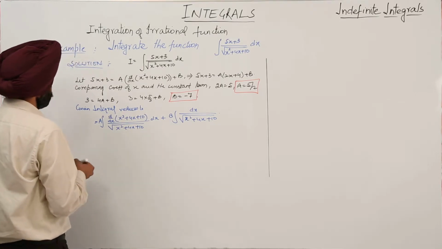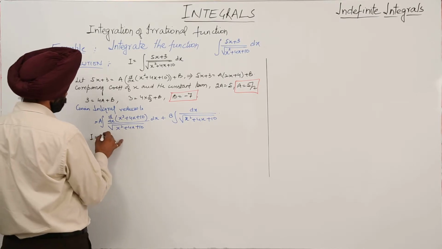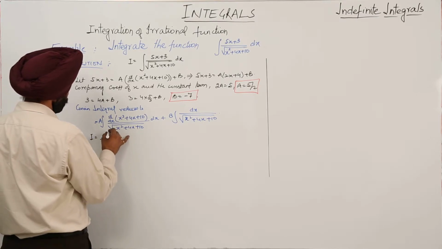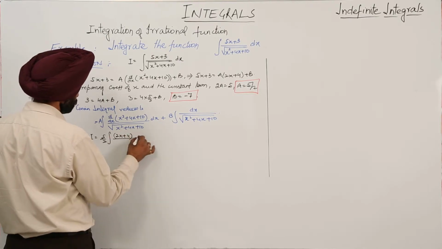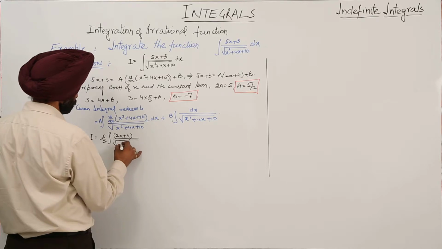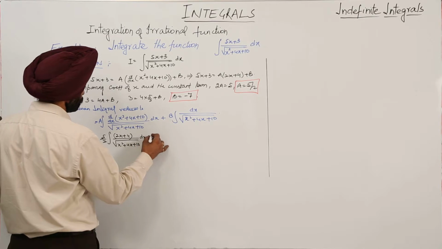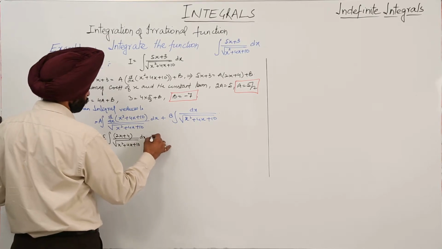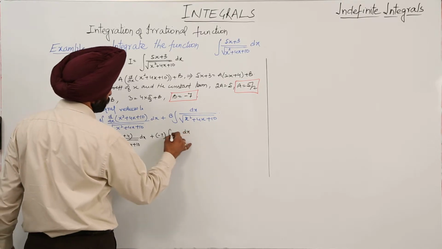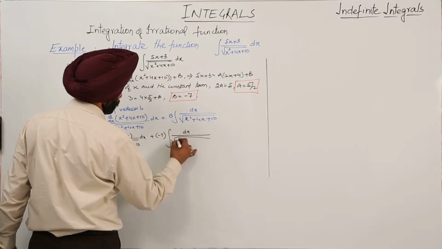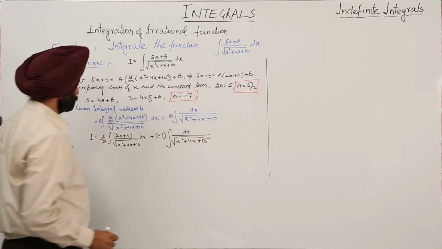Now we are having 5 by 2 integration of (2x + 4) upon square root of (x square + 4x + 10) dx plus minus 7 integration of dx upon square root of (x square + 4x + 10).